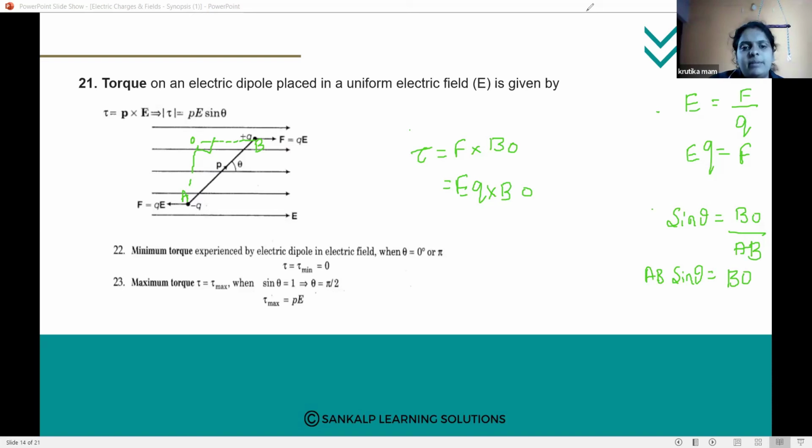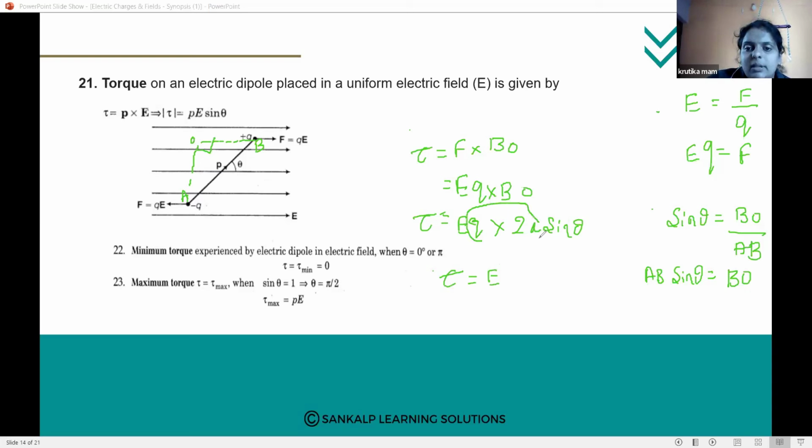Last step, very simple derivation, 2 marks. Yes, 2a. So this is equal to EQ. What is your BO value? BO value is 2a into sin theta. So torque is equal to EQ into 2a sin theta. One more last substitution. Tau is equal to E, Q into 2a.